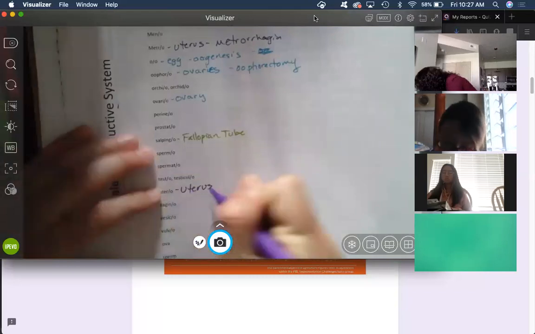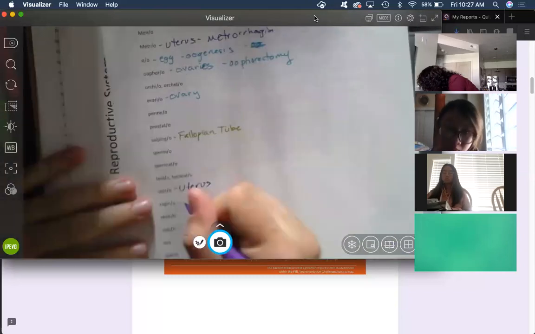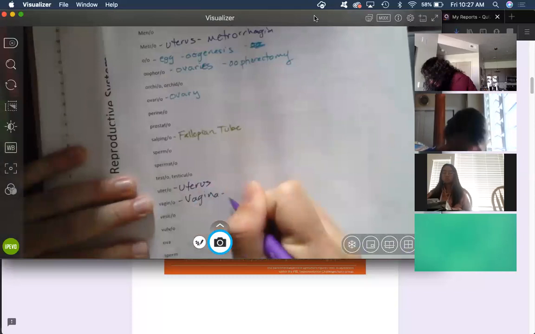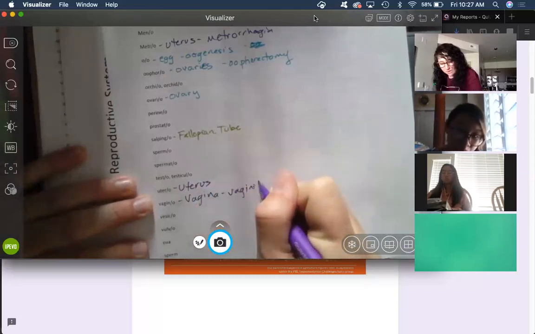And then we have the vagina. Vaginitis is an infection in the vagina. We also had colpo, which is on the back side.